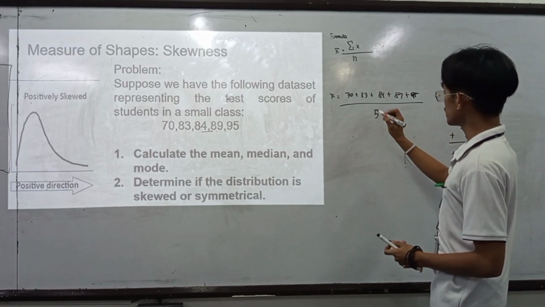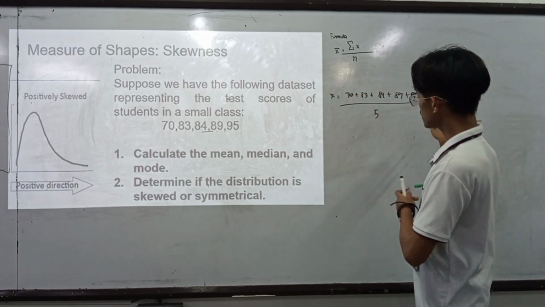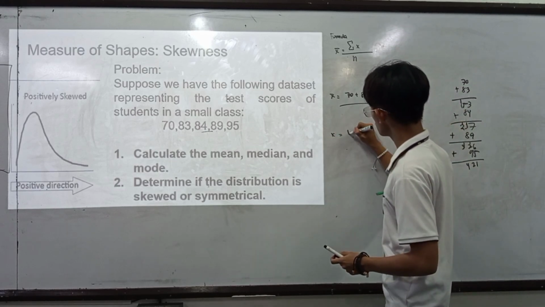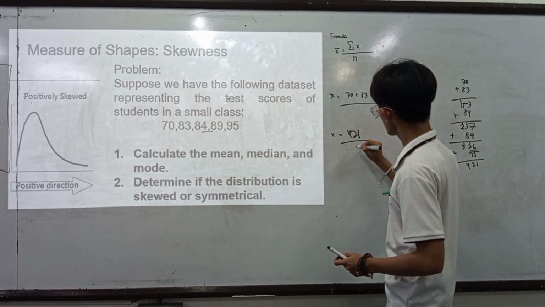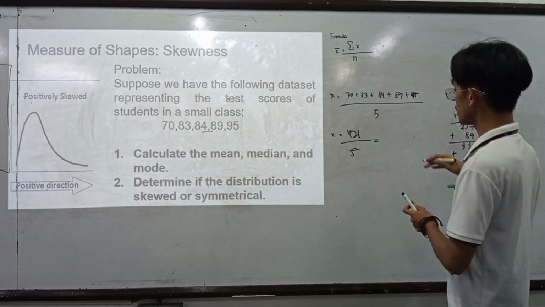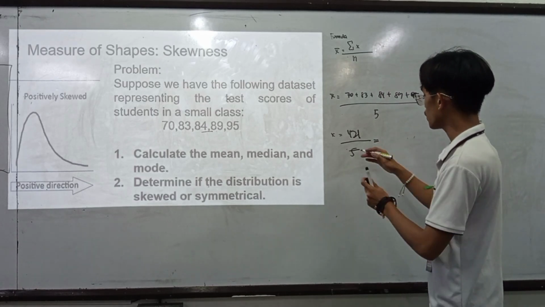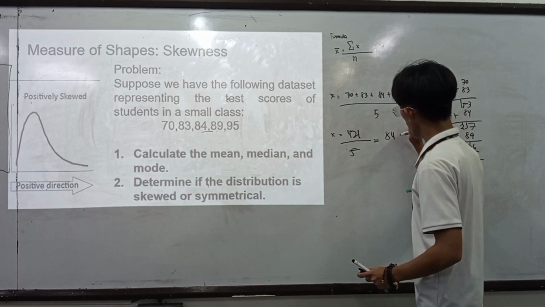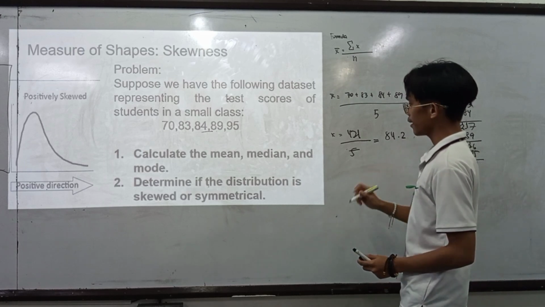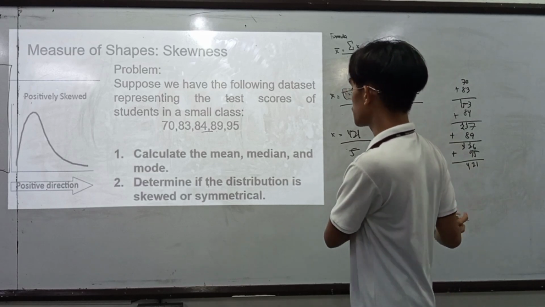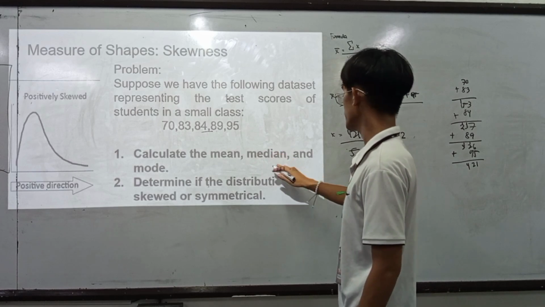Now, the summation of all the data sets is 421 over 5. Now, let's divide 421 by 5, and the answer would be 84.2.